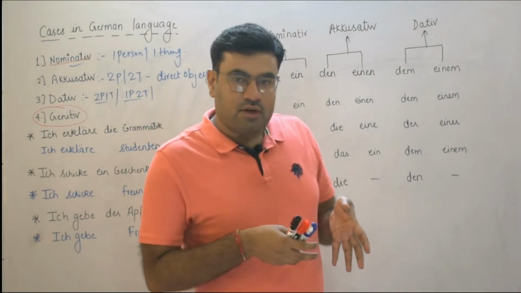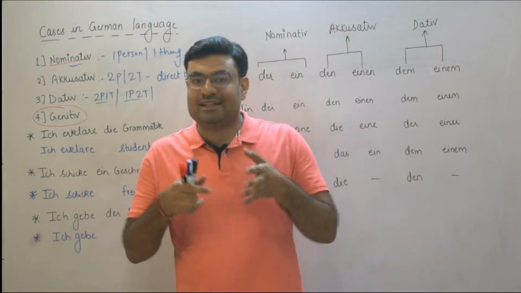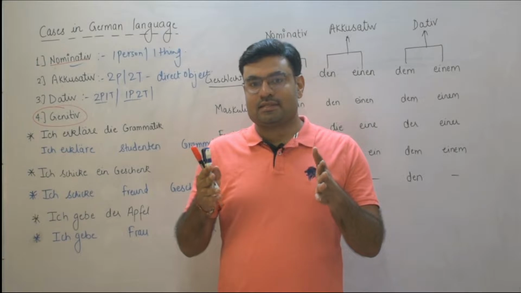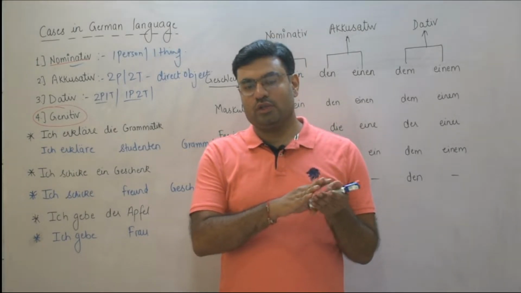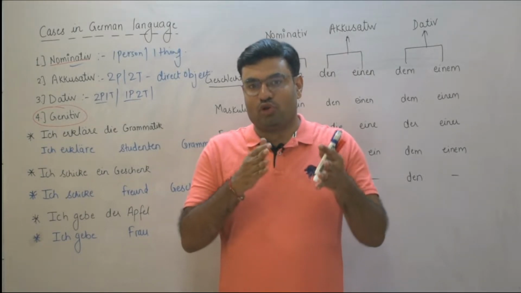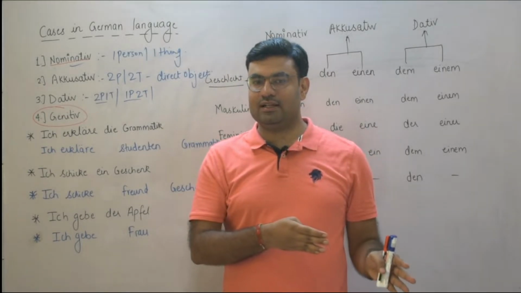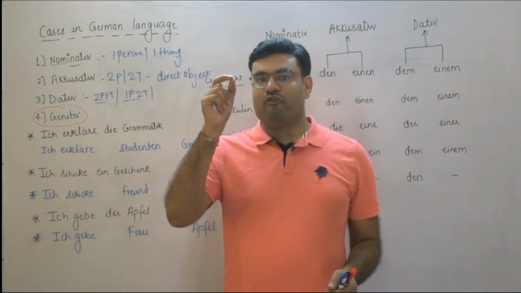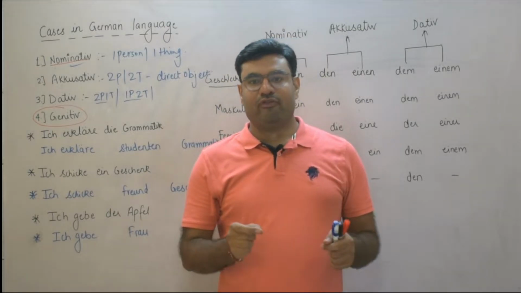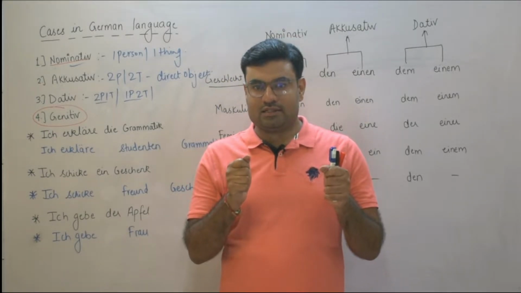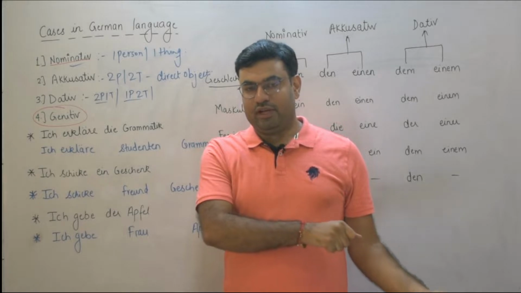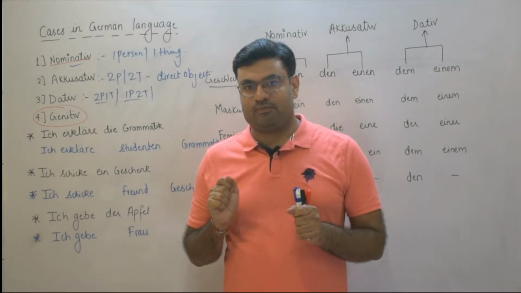And what we have learned yesterday also is that articles get changed according to the case. For the nominative case there is a list of articles, definite and indefinite. For the accusative, we have a different set of articles for definite and indefinite articles.